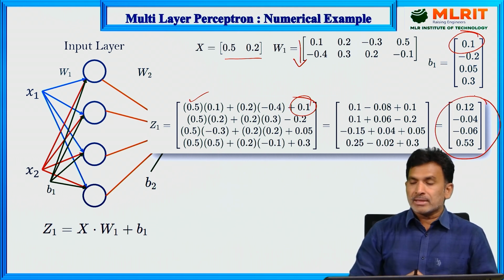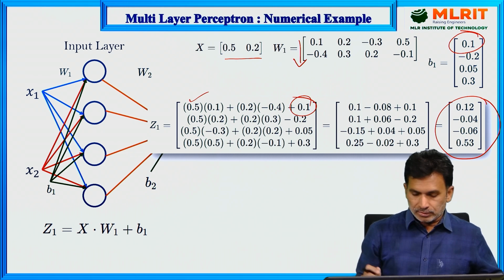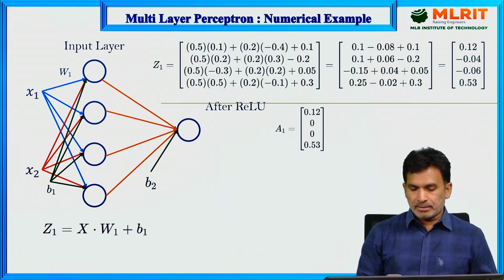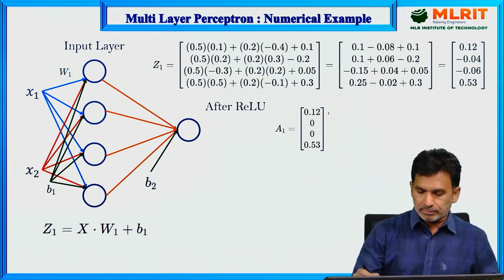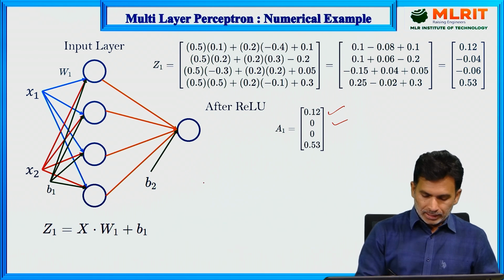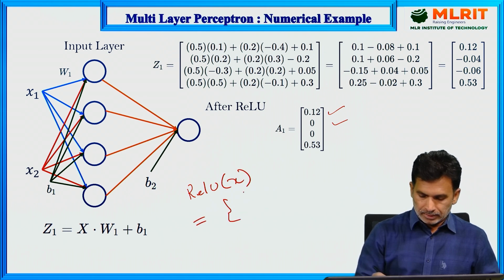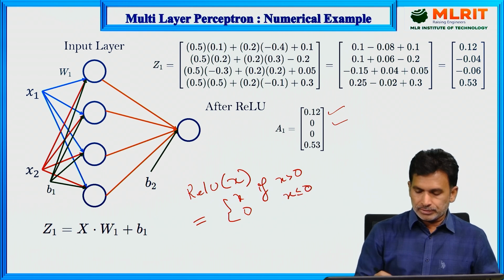If you pass these values to the nonlinear activation function, that is ReLU, then ReLU produces these values, because as per the ReLU activation function, ReLU of x produces x if x is greater than 0, and it produces 0 if x is less than or equal to 0.